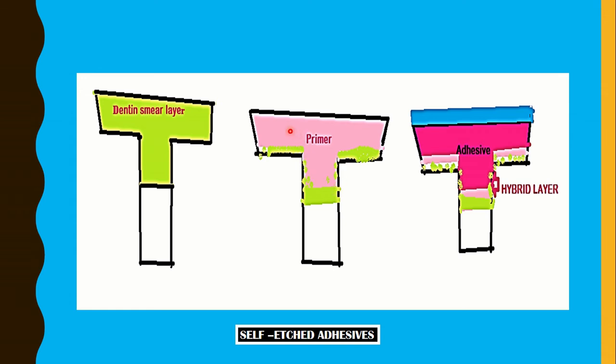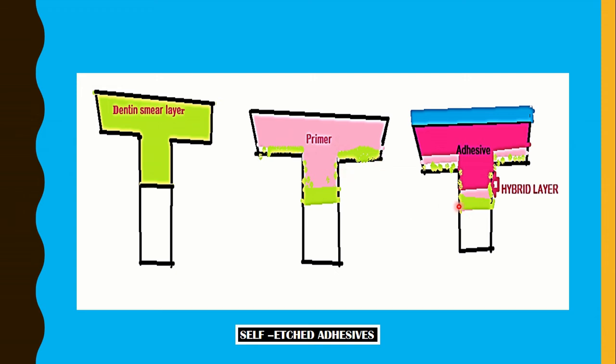So the smear layer is modified but is not completely removed. Only in some cases it is dissolved, and all of the materials like the smear plug and the dissolved organic products of the dentinal tubules occlude the dentinal tubules, because of which the post-op sensitivity is less as compared to that of the total etch technique.